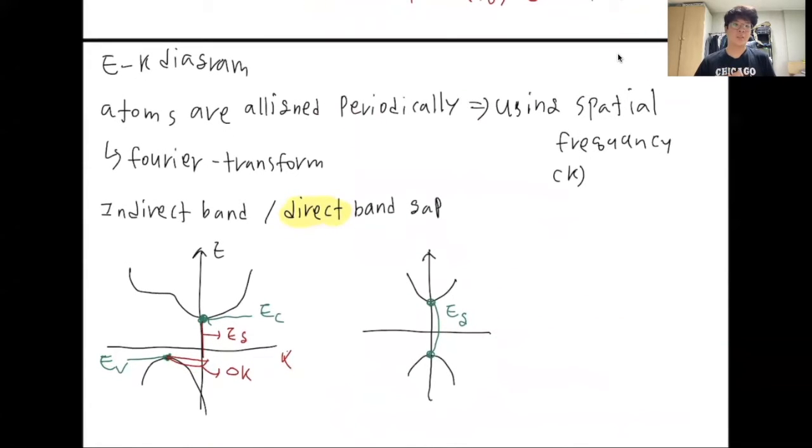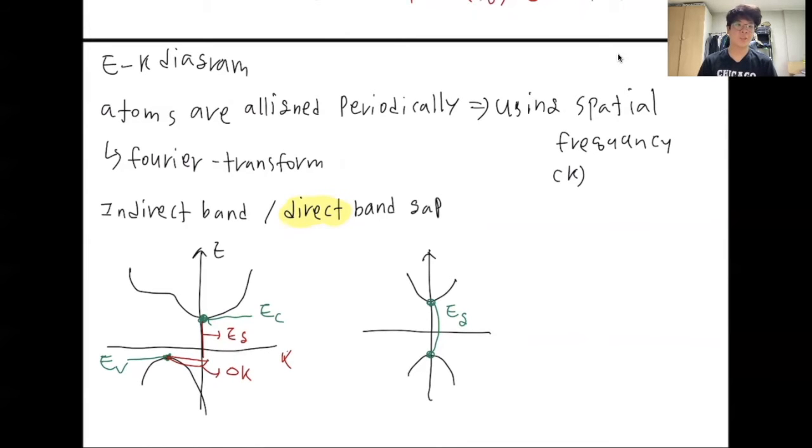And the atoms are aligned periodically, so we can use the concept of spatial frequency with Fourier transforms. And there is another property, which is the indirect or direct band gap.